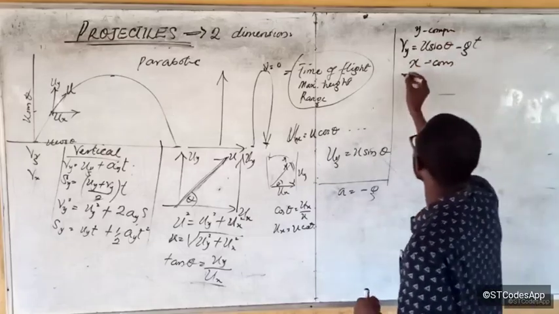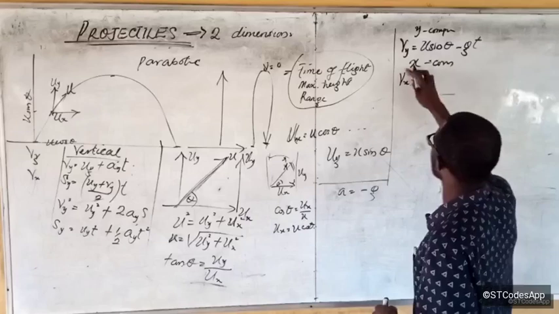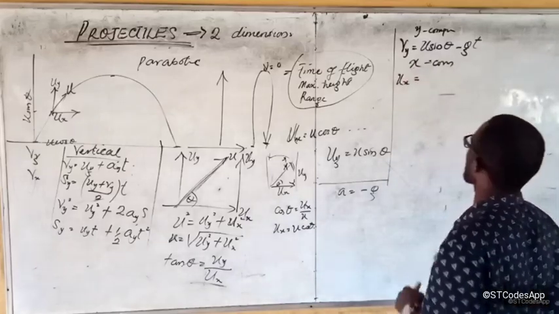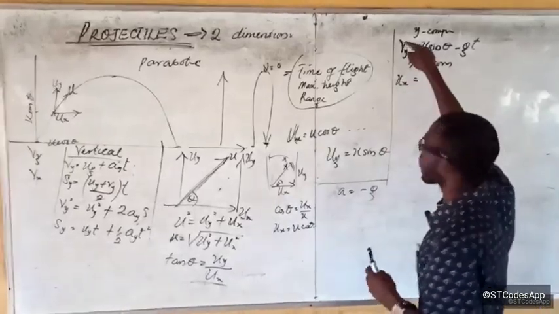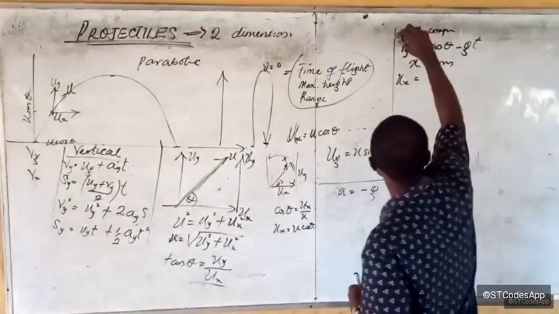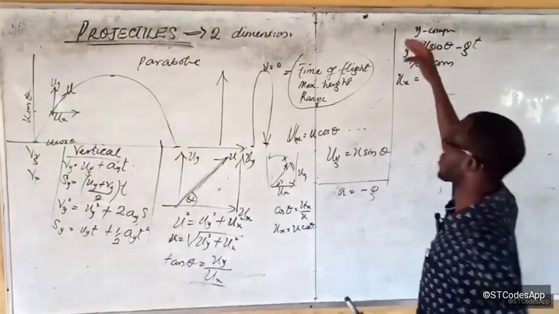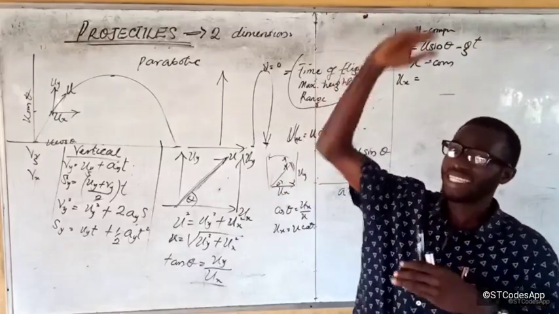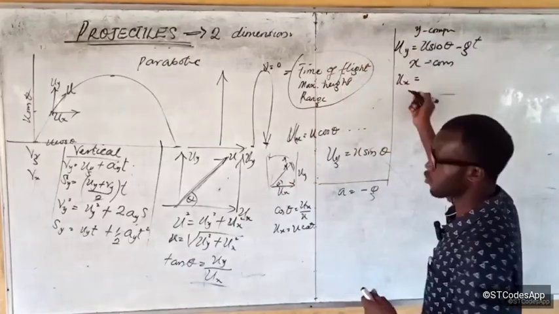Let's use u_x now, not v_x. We use u_y here and u_x here, because at maximum height, v will be 0. So we are just going to use the initial velocity that it takes to reach any height.